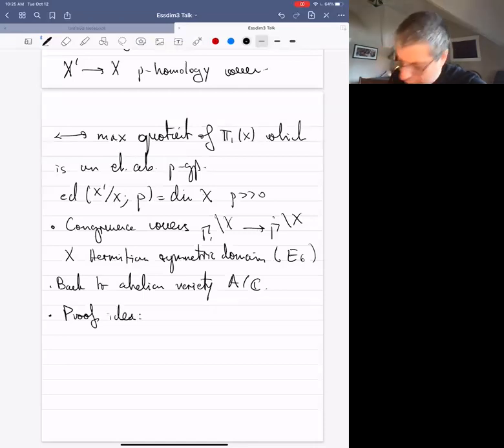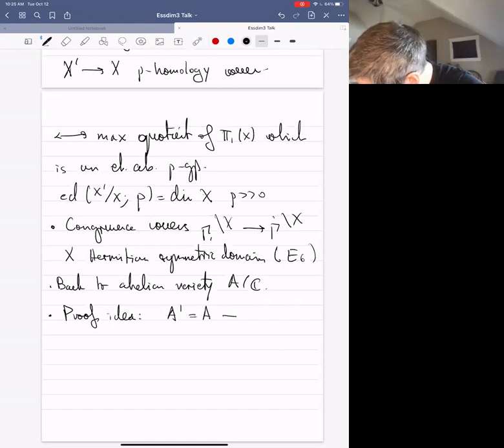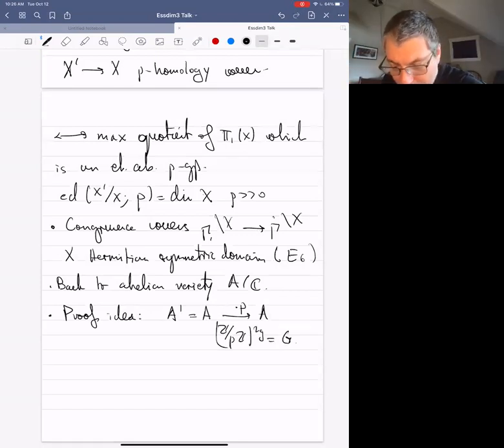The idea is to use what are called characteristic classes of the covering. This idea goes back to Arnold. So we have our covering, a multiplication by P covering, and it has group Z mod PZ to the 2g. Let's call that group G, just for clarity. So G is the group of the covering.